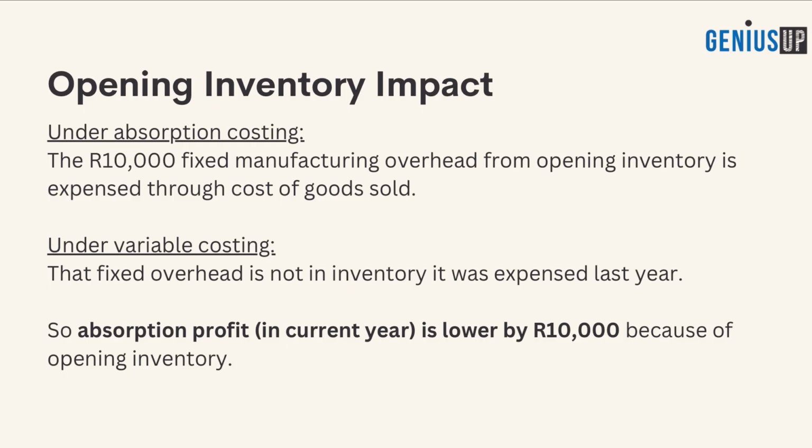This year when we sell that stock, it's going to form part of the cost of goods sold expense. So absorption profit in the current year is lower by 10,000 because of the fixed manufacturing overheads sitting in opening inventory. I hope that clarifies why the fixed manufacturing overheads in opening inventory cause absorption profit to be lower.